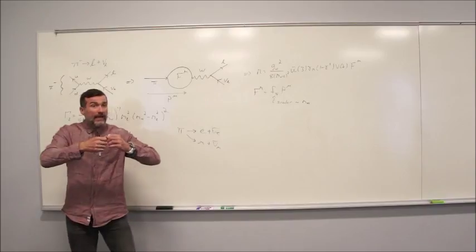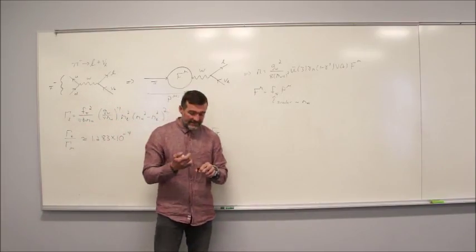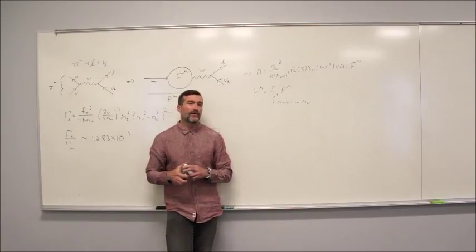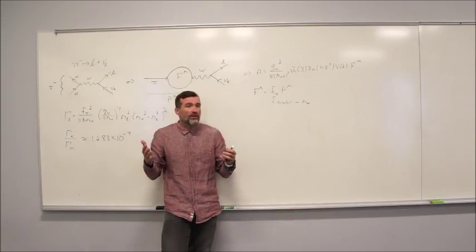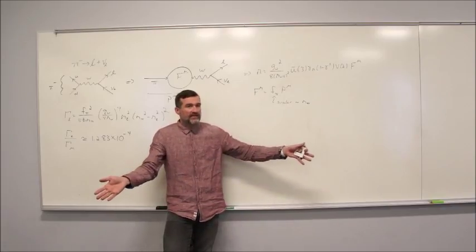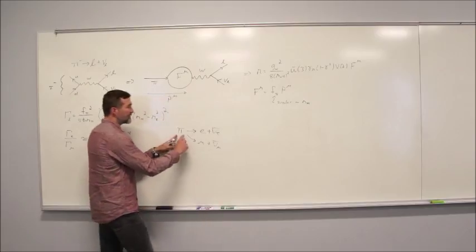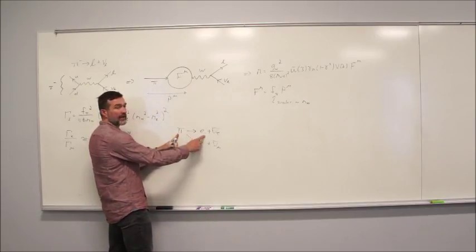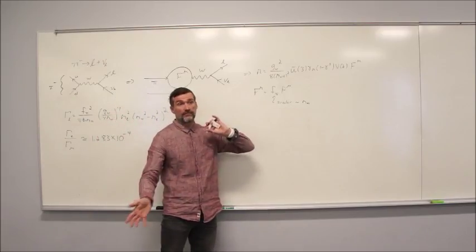Because the mass of the electron is a lot smaller, so shouldn't we expect those events more frequently? Exactly. Kinematically, we would expect the pion to decay into the electron channel versus the muon channel more frequently because there's a bigger mass difference. We talked about this when we first started looking at decays. We said that one of the driving factors behind decay rates, or a process in general, is the amount of phase space that you're going to have to play with. So if the mass difference between the pion and the electron is huge, that means you've got a lot of extra energy that you can distribute in the form of momentum.